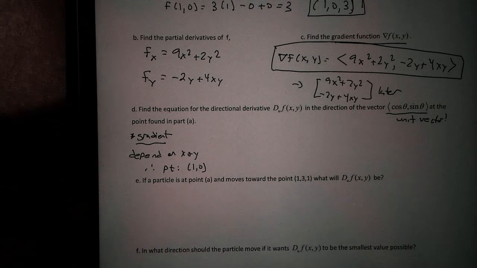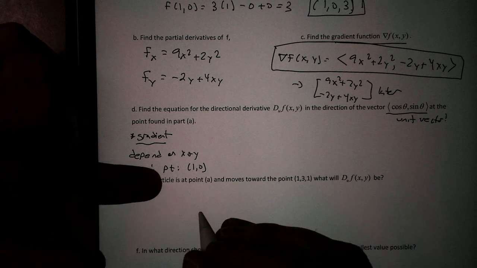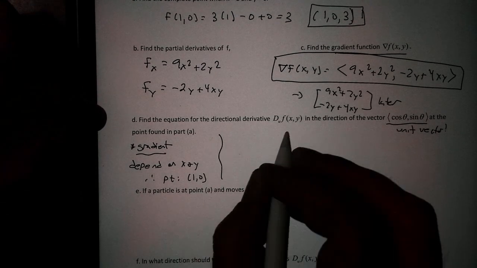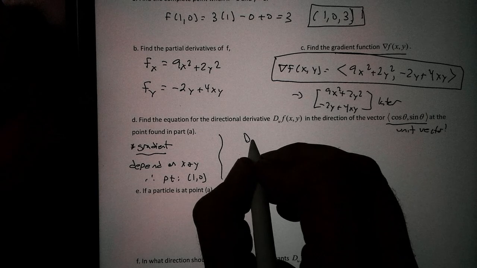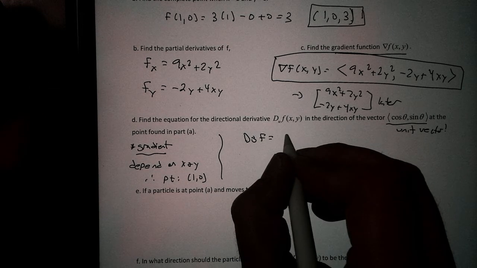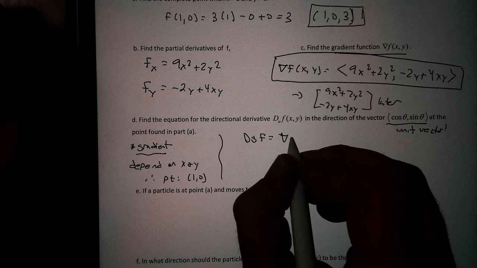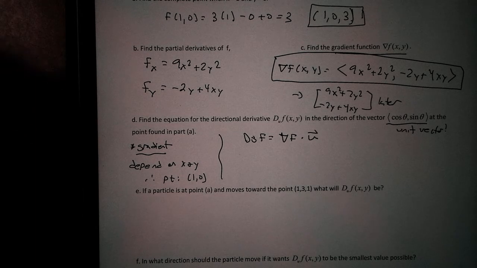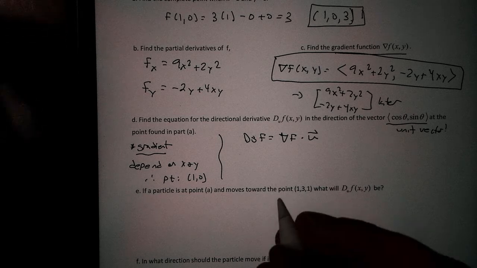It depends on the independent variables. So when we start this, to get our directional derivative, our rule from yesterday is we are going to take del f and dot that with our unit direction vector.